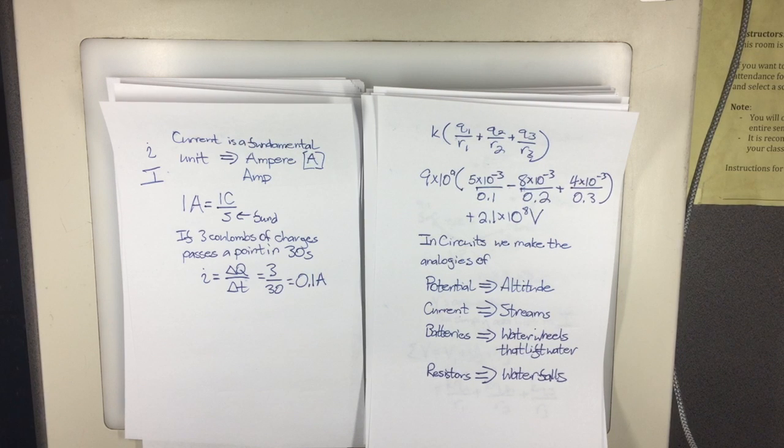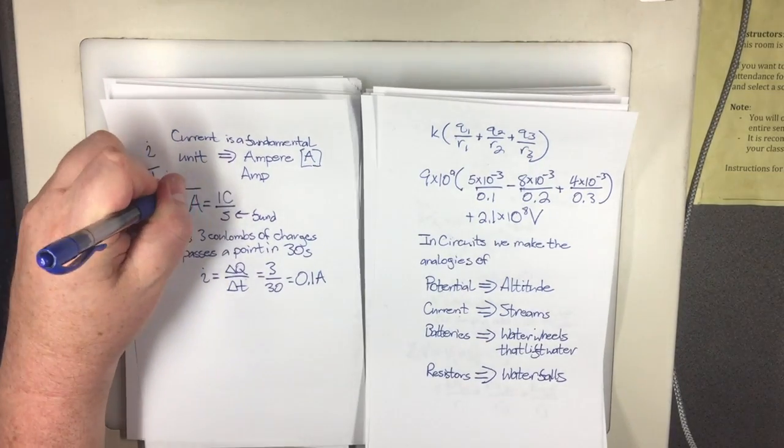You can show me a second. You can show me a meter. You can show me a kilogram. You can show me a dozen, which is the fundamental unit for count for the imperial system, or as one of my friends said, the freedom system. But for current, you can't show me a coulomb. You just can't go down to Walmart and pick up a coulomb of charge. It is not easily measurable, but ampere is.